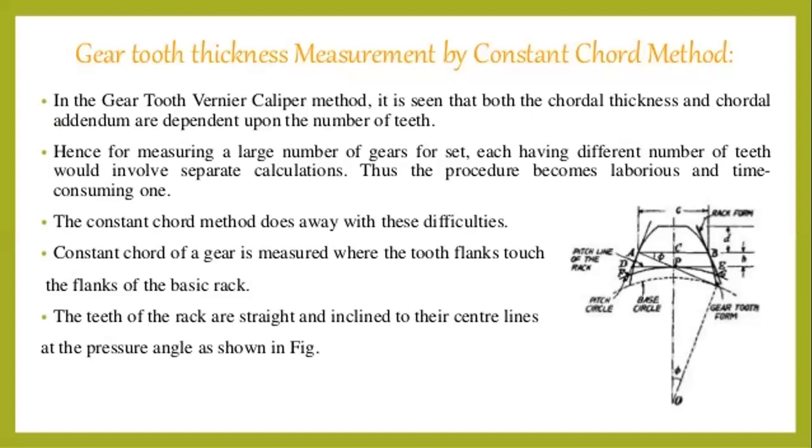So the procedure becomes very laborious and time consuming. The constant chord method does away with these difficulties. So what are the disadvantages or some more complex situations offered by the constant chord method?